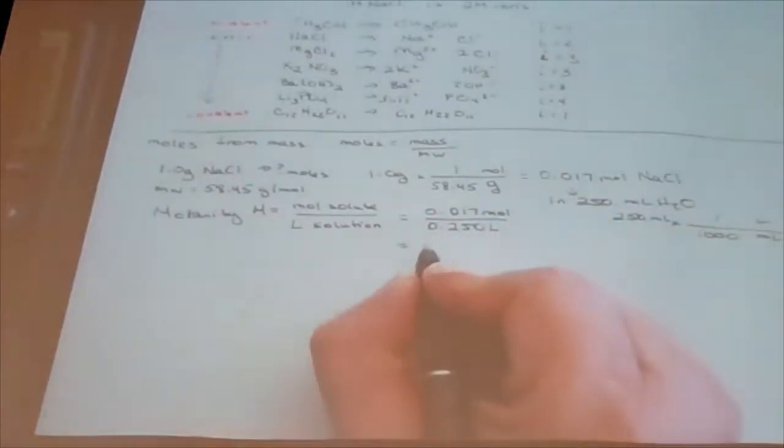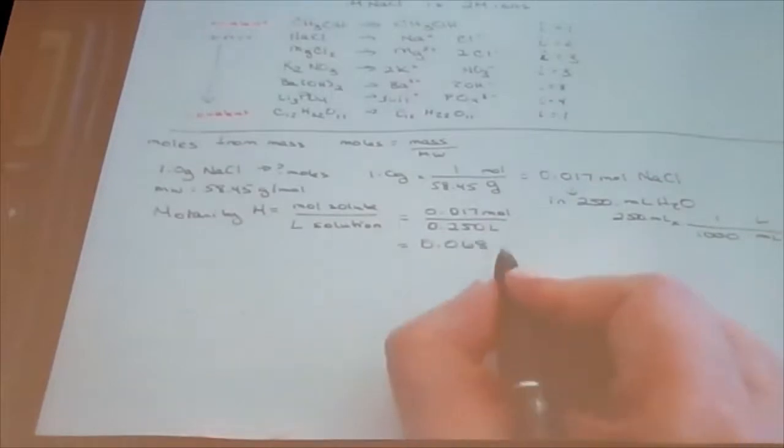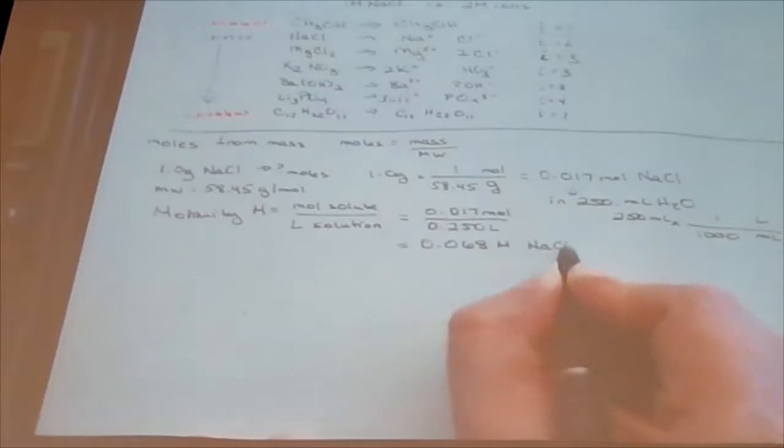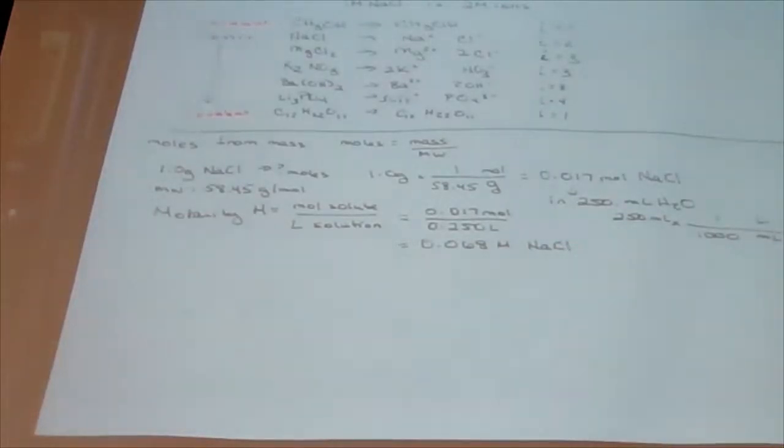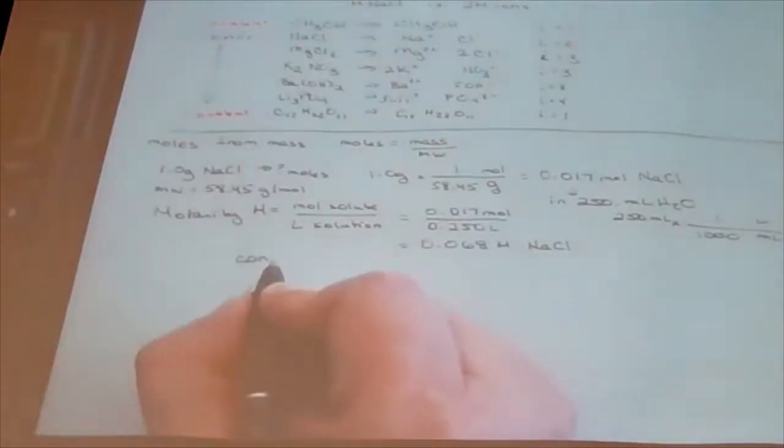So this is going to give me 0.068 molar NaCl. So my whole formula is 0.068 molar. But if I'm interested in what's the concentration of ions, then I multiply by my factor.